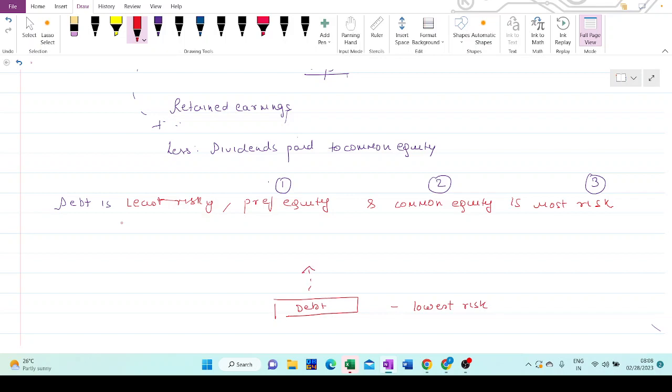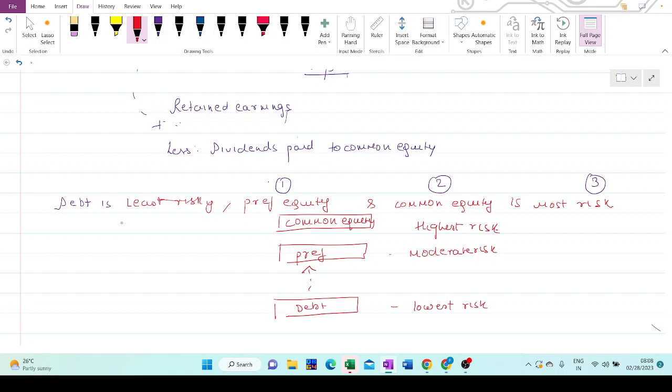When you move from debt to pref equity, your risk increases, so we can say moderate risk, and common equity, highest risk, right?